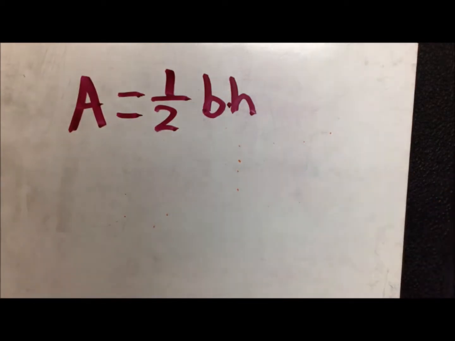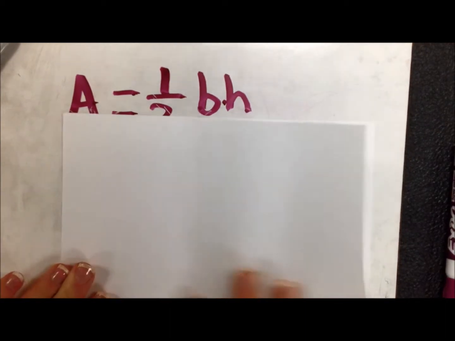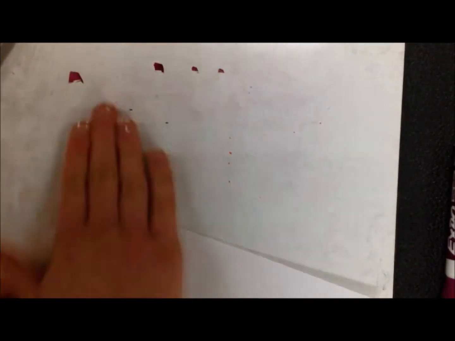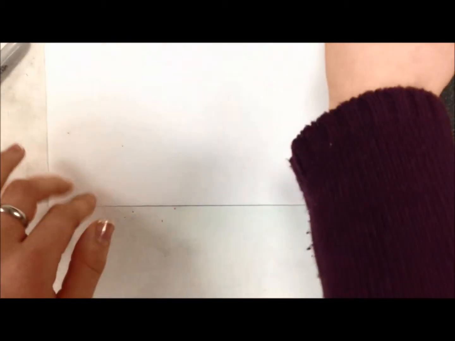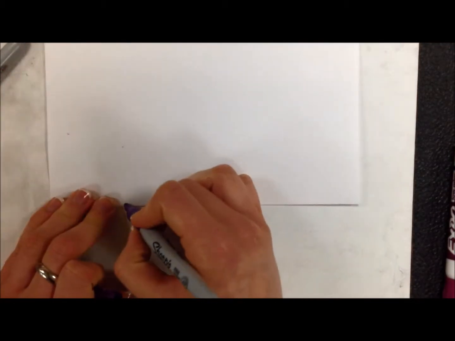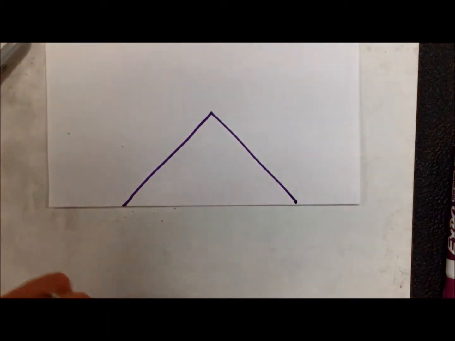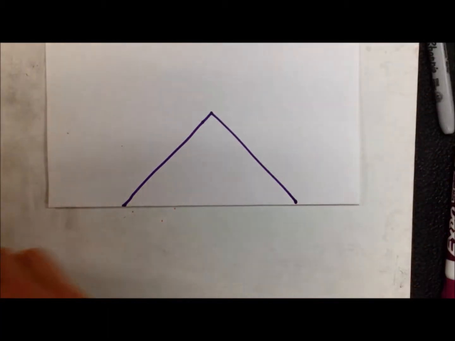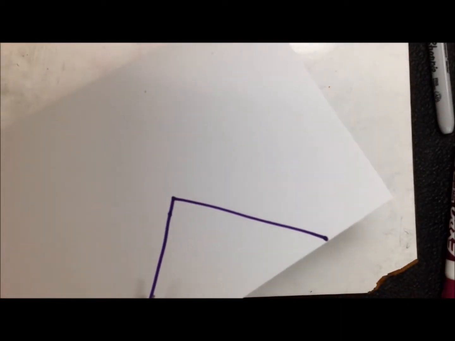So we need, for this, a piece of paper, fold it in half, and what I'm going to do is draw a triangle on the base of this. So when I cut this out, I should have 2 triangles.